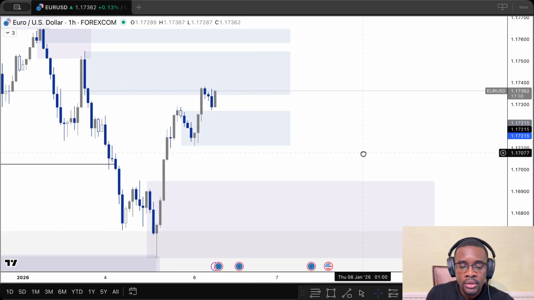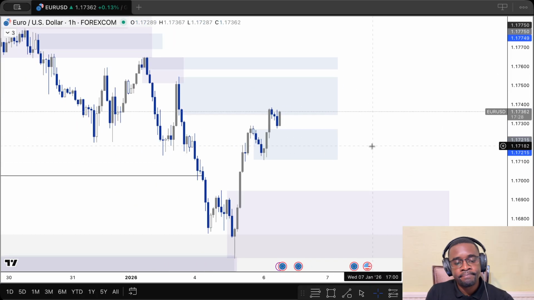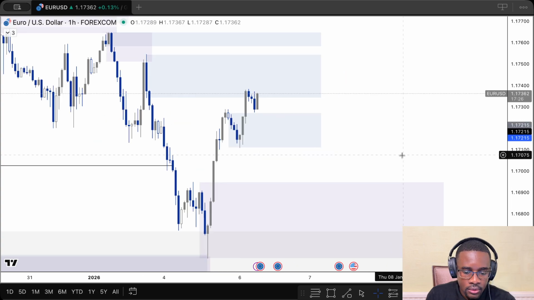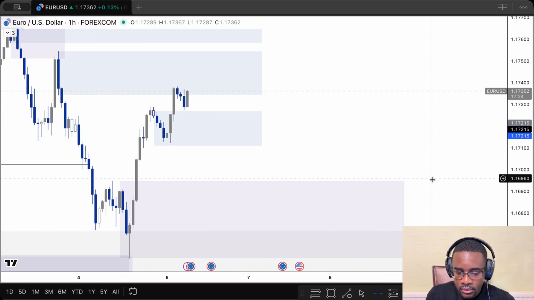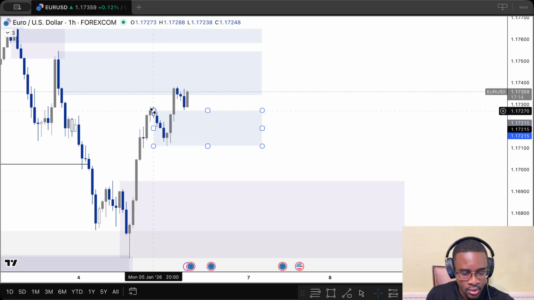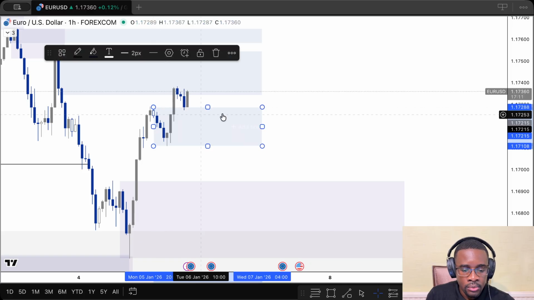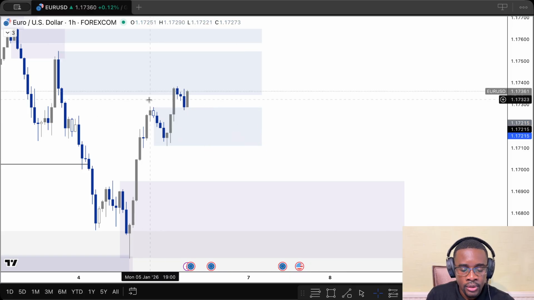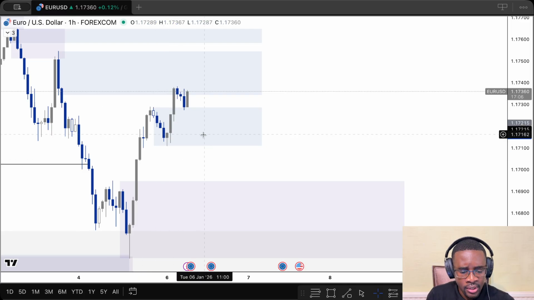Nonetheless, if we fail to tap into this POI or into this area, well, we've tapped into it. If I cover the weeks, week to week, we've tapped into the area.